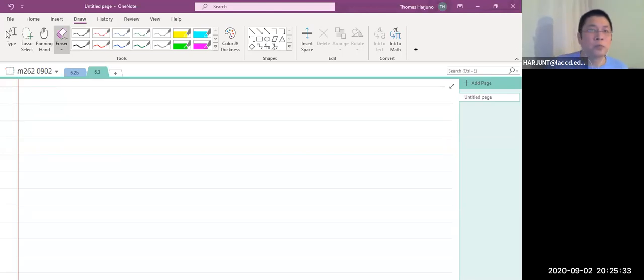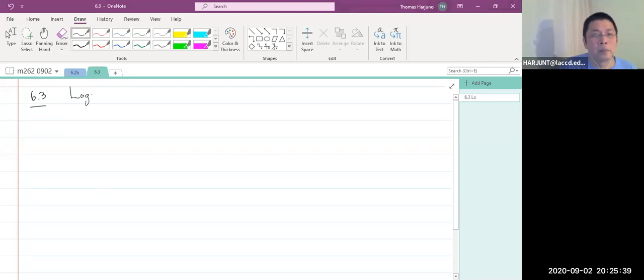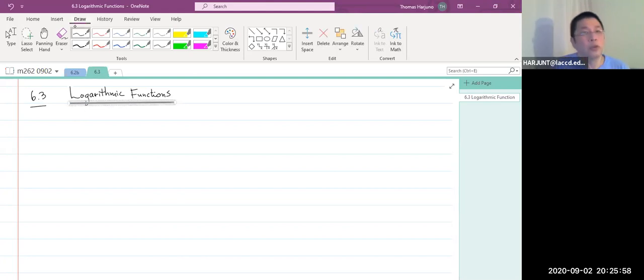Let's continue. 6.3 on logarithmic functions. Now this section is more into reviewing our precalculus. Now let's see, what do we need to review?